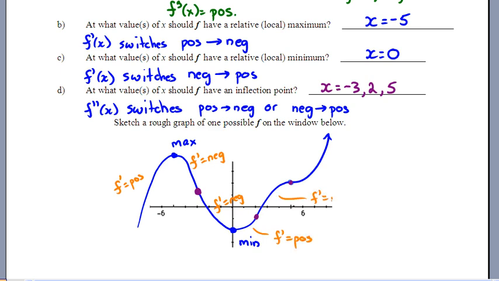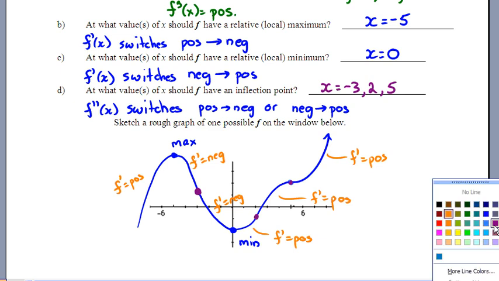Here, f prime is positive. And here, f prime is positive. I can tell all of that by looking at the picture up above. The picture is f prime, and the picture goes positive to negative, and then switches to positive, goes 0 for a second, and then back to positive again.